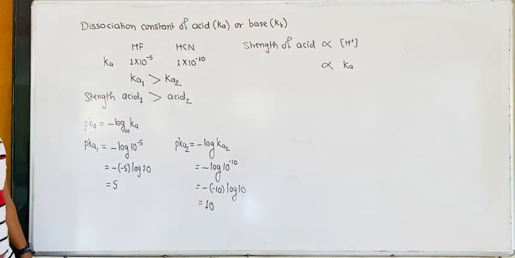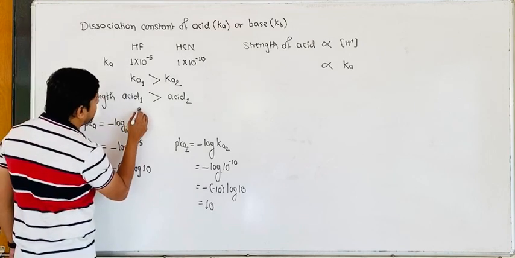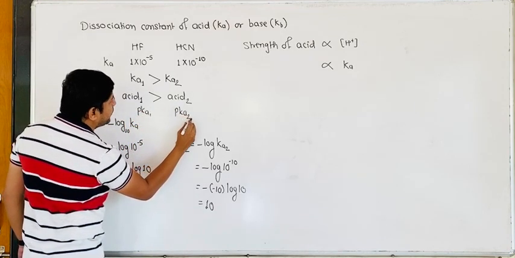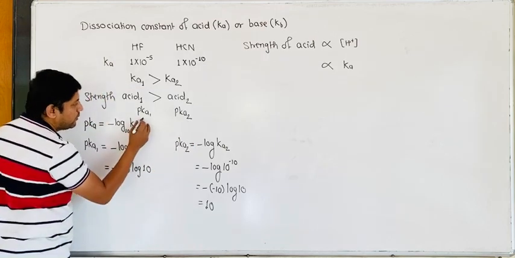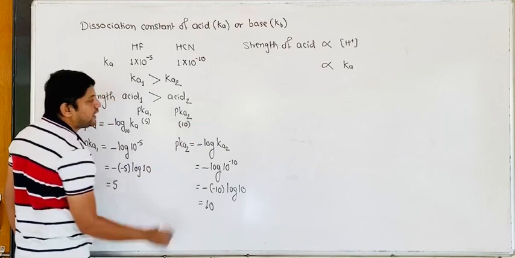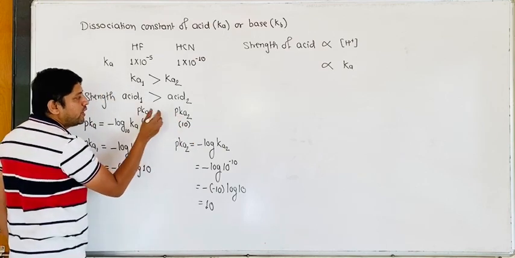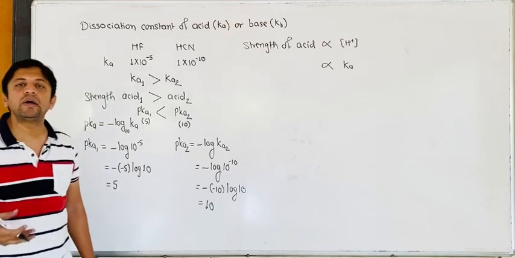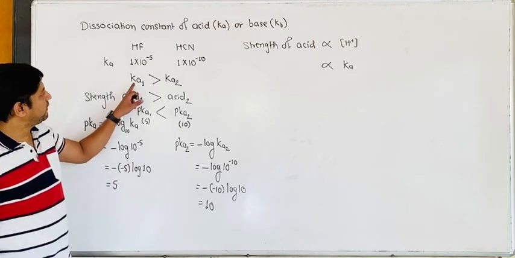Now if we compare pK values, pK1 value is 5 and pK2 value is 10. pK2 is greater than pK1 because we are multiplying by a negative sign.